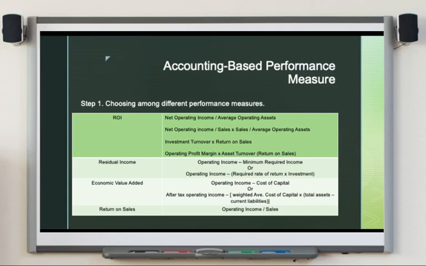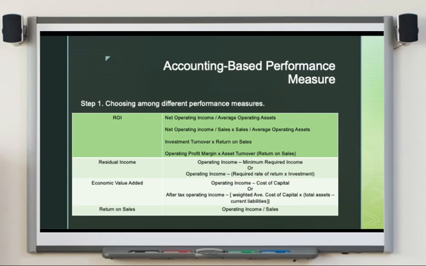But for this chapter, we will be focusing more on financial performance using accounting-based performance measures. Okay, so the following are the steps in designing an accounting-based performance measure. First is to choose among the different performance measures.